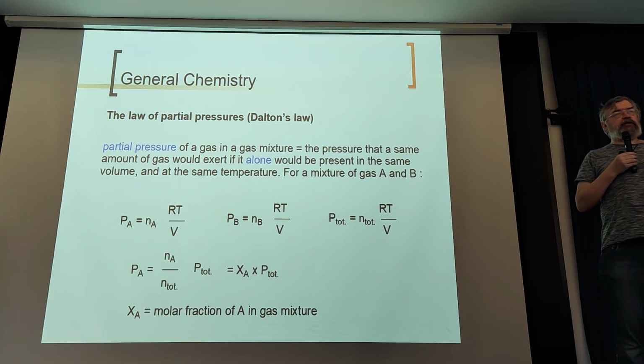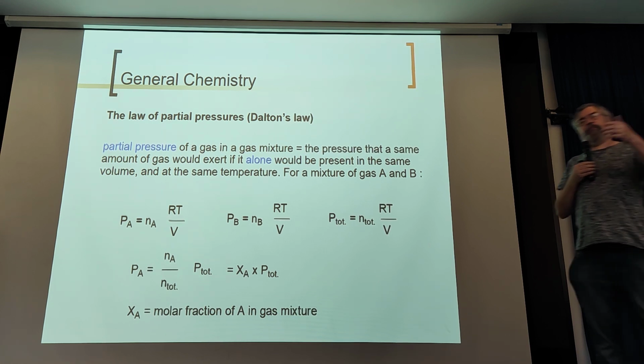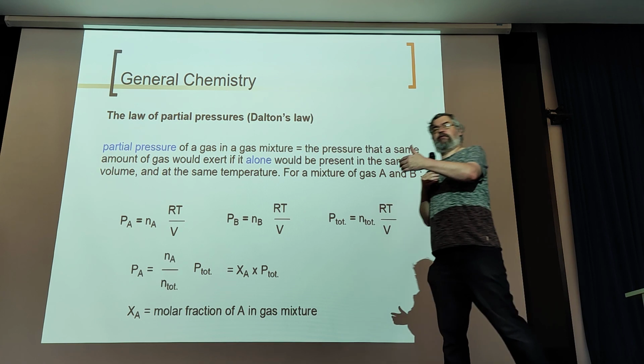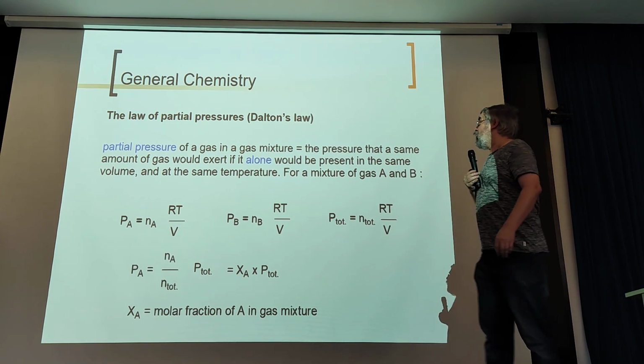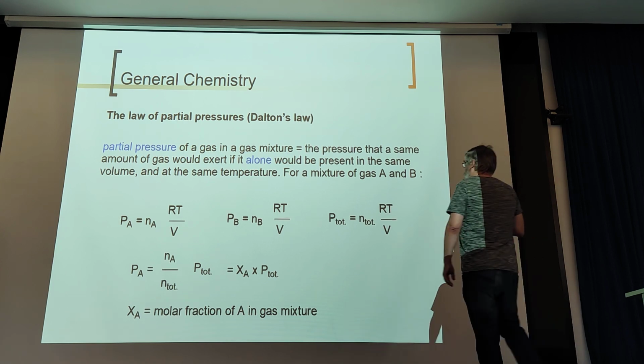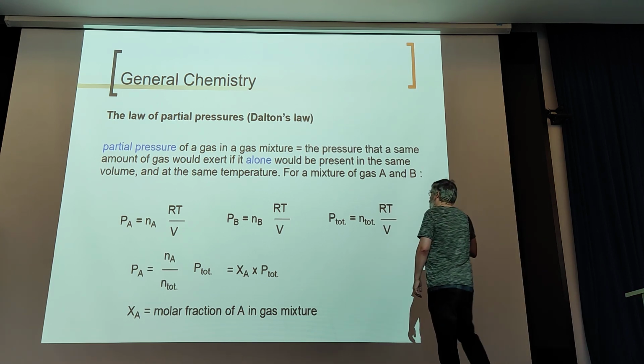That means the different molecules within the gas each exert a partial pressure that is the same pressure as if the particles were only the ones of compound A, or only the particles of compound B, where you have a mixture of A and B. We call that a partial pressure.